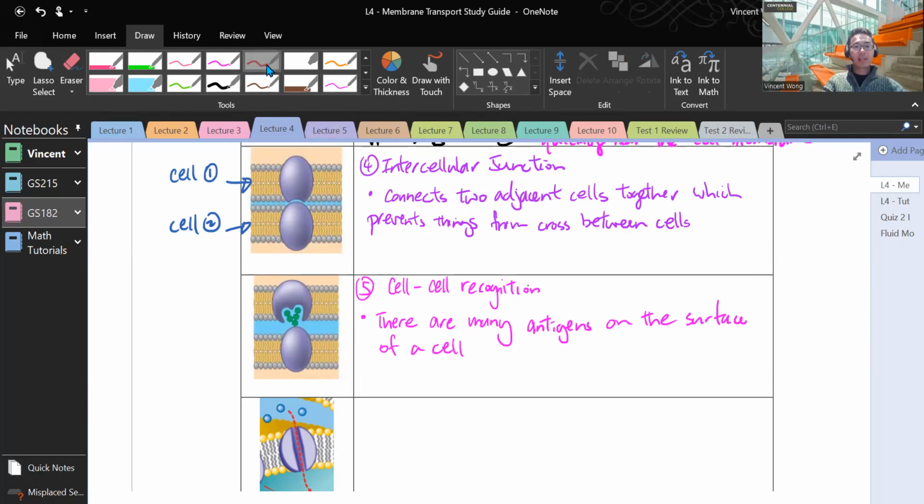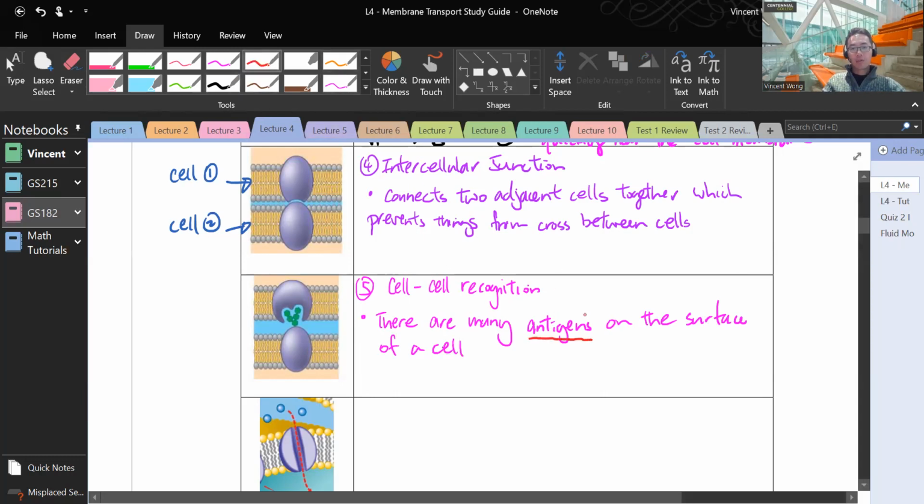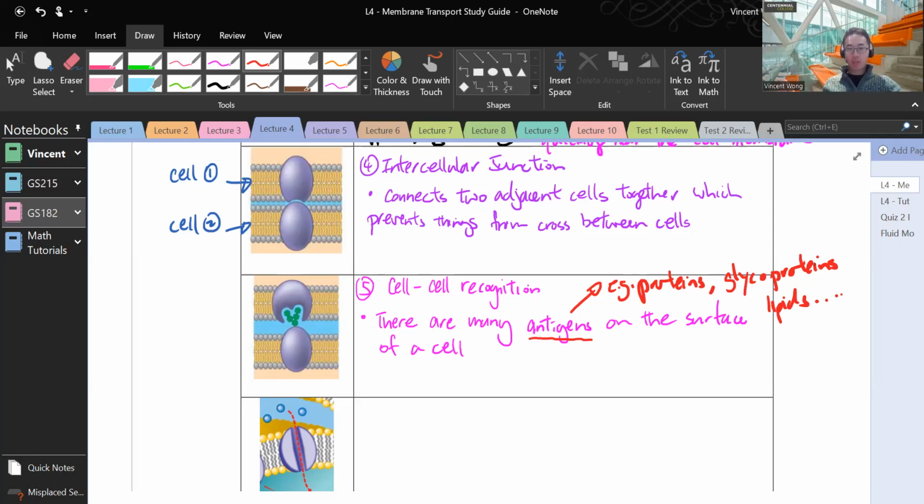Okay, what are antigens? Antigens could be proteins, right? Glycoproteins, could be lipids, right? So all these different molecules create a pattern that is on every single cell.